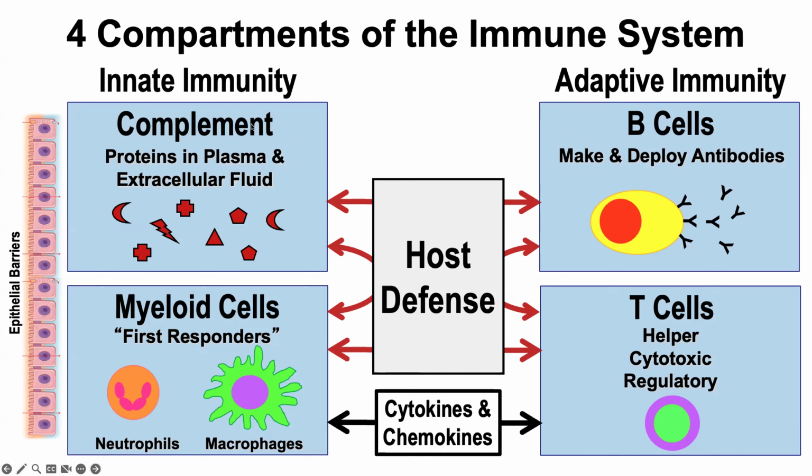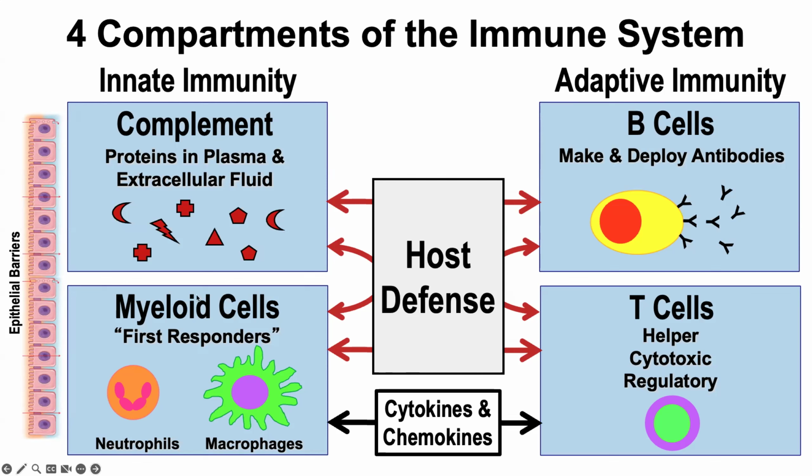I think about the complement system, these proteins in the plasma and extracellular fluid, as sort of like landmines. Something trips them up, and then there's a series of events, and it ultimately ends in an explosion, which is the formation of the membrane attack complex that literally blows up things like bacteria and cells.